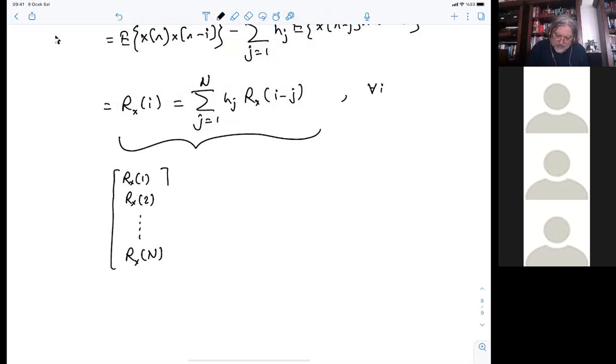In a vector form, I can write the set of equations in a vector-matrix multiplication format. So the left-hand side of the equation consists of Rx values for all i from 1 to capital N. And the right-hand side is a matrix consisting of Rx of i minus j. When j is equal to i, it becomes Rx of 0.